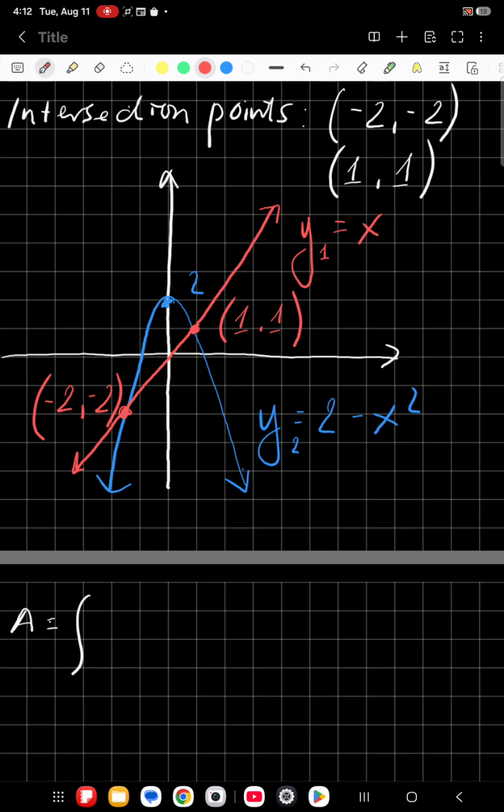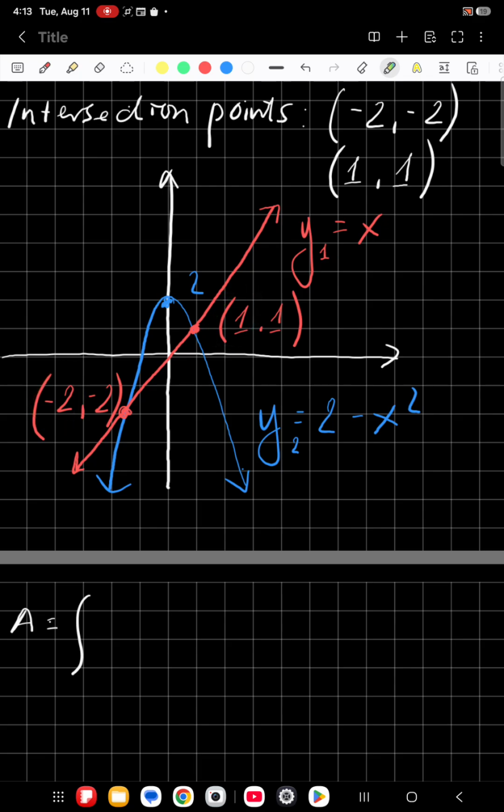When I'm writing this integral, the boundaries are those two endpoints of the interval, taken from the x values here.